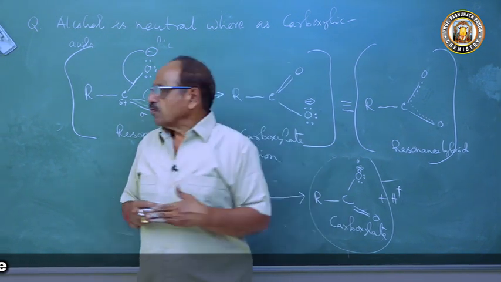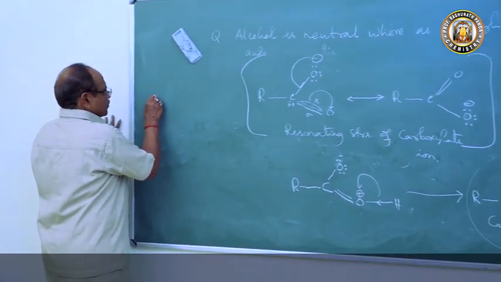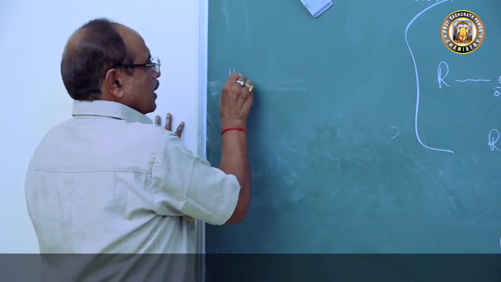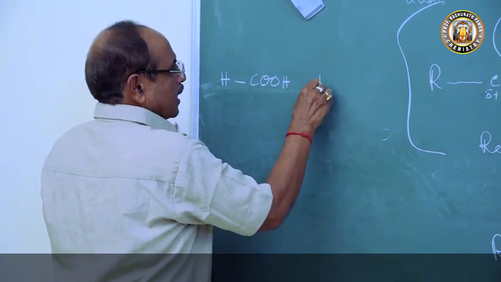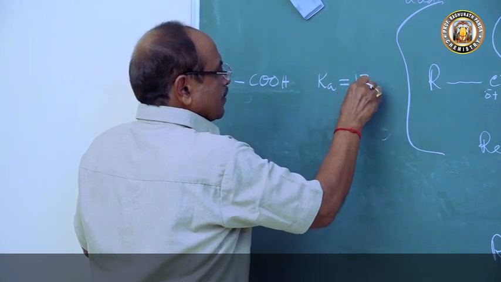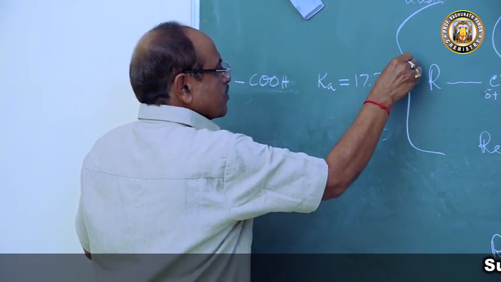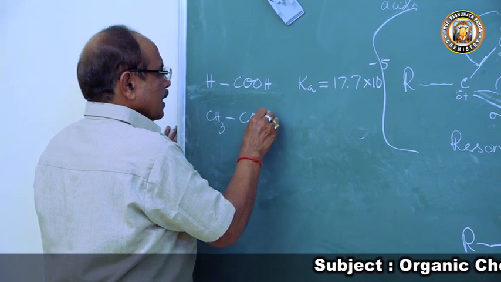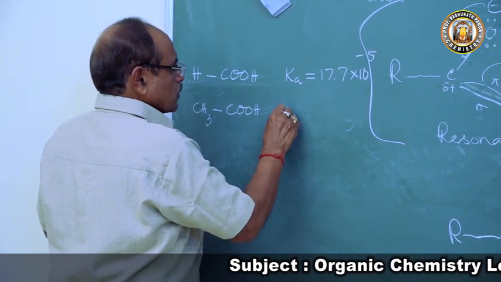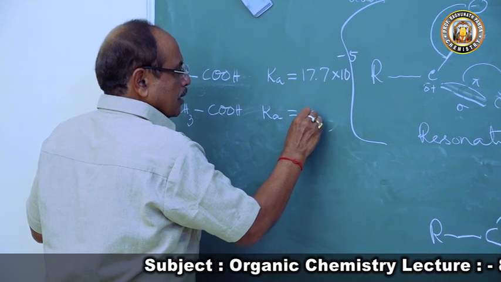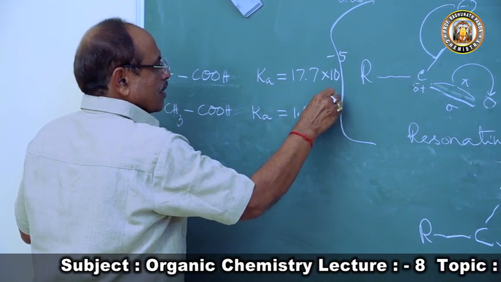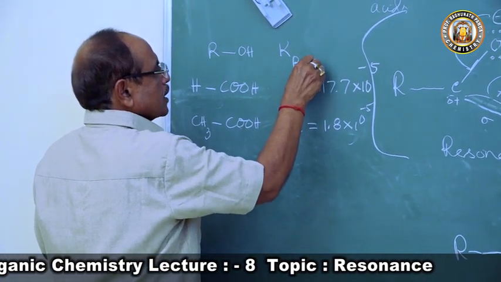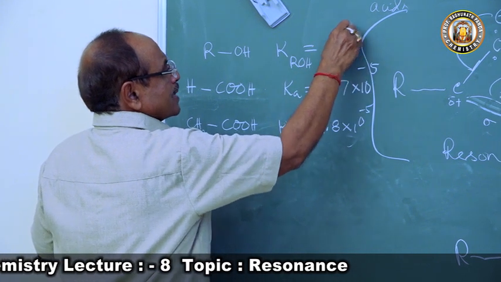If you take the example of, say, acetic acid, CH3COOH, and formic acid, the dissociation constant Ka of formic acid comes to 17.7 into 10 to the power minus 5, and the dissociation constant Ka of acetic acid comes to 1.8 into 10 to the power minus 5, whereas for alcohol ROH, the dissociation constant comes to 1 into 10 to the power minus 18.